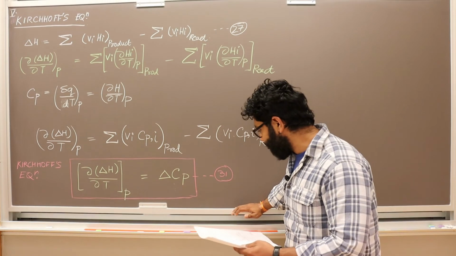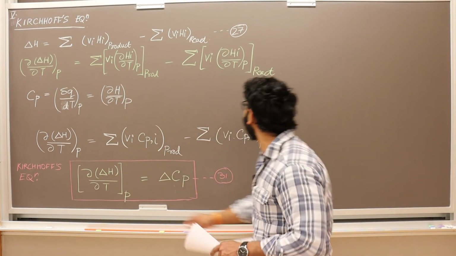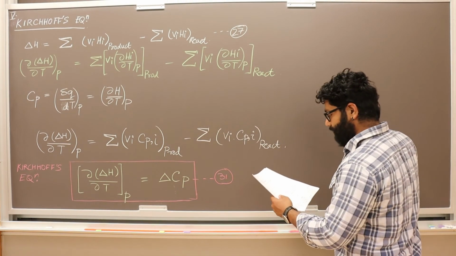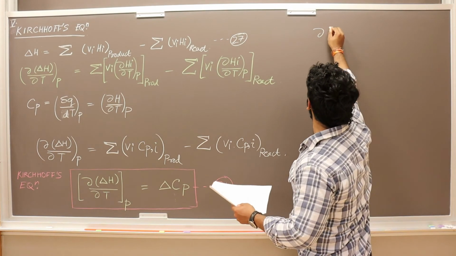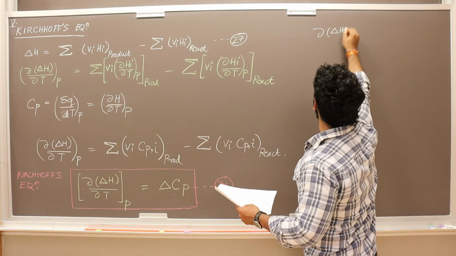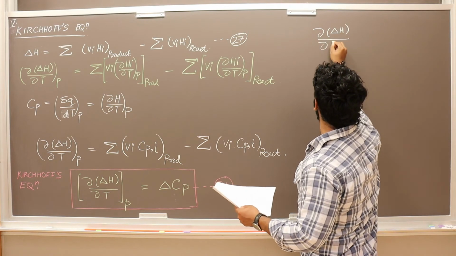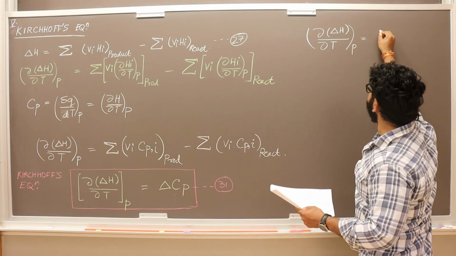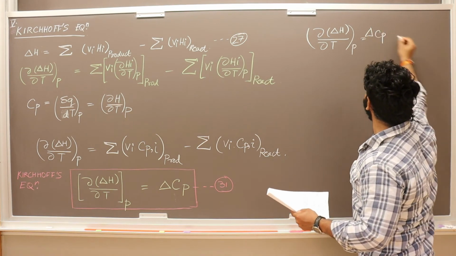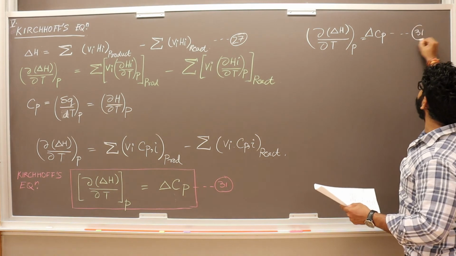All right. With equation 31, we move on, and I'm just writing this equation again. Delta H by delta T at constant pressure is delta Cp. This is 31.